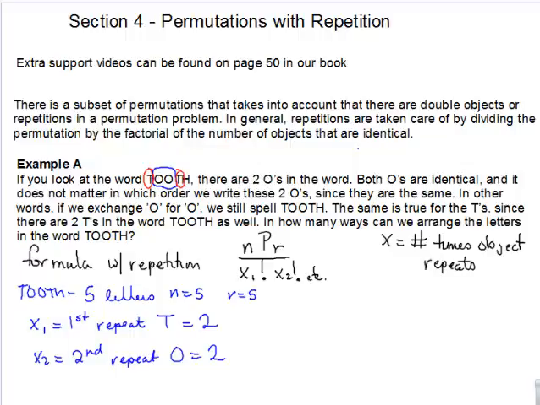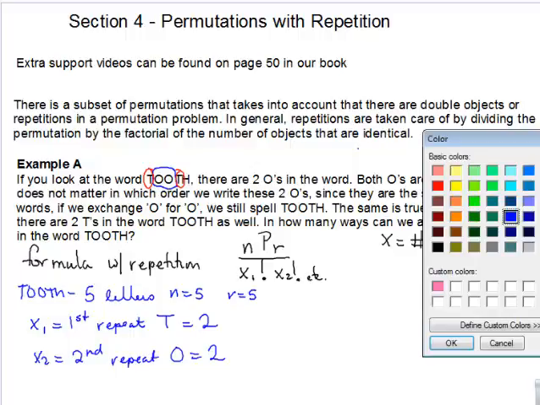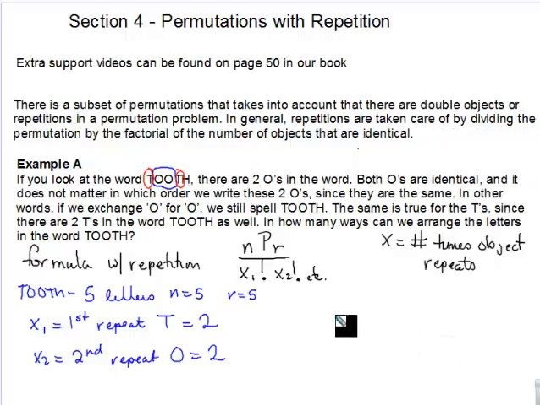So for this formula, we have 5P5 over 2 factorial times 2 factorial. And 5P5 is 5 factorial because they're the same. You can actually enter this into your calculator all at once.